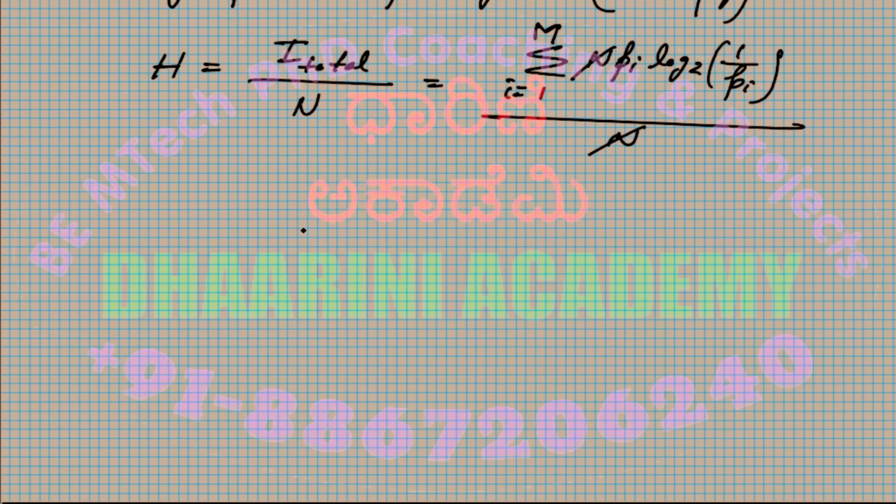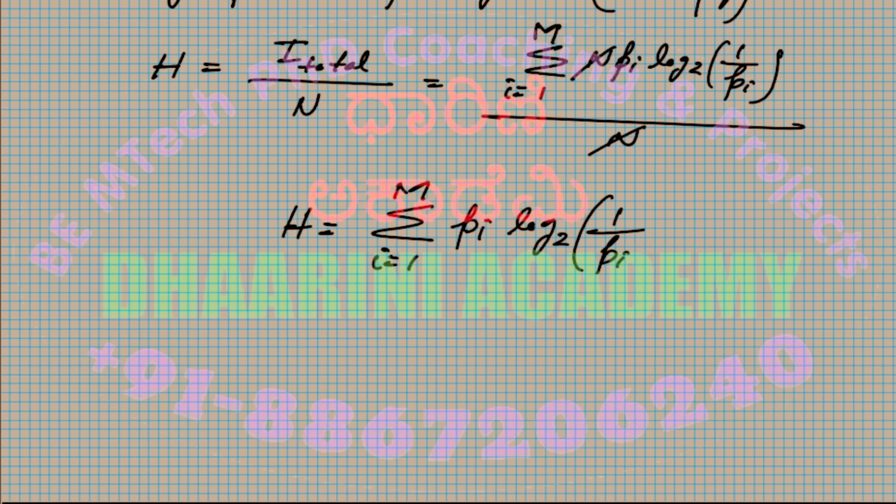So you can see that the final equation for H becomes equal to summation i is equal to 1 to m, simply Pi log to the base 2 of 1 by Pi. So log gives you the bits. Since you divide this by the total number of symbols, you see that it is bits per symbol. Okay, that is the unit you use.